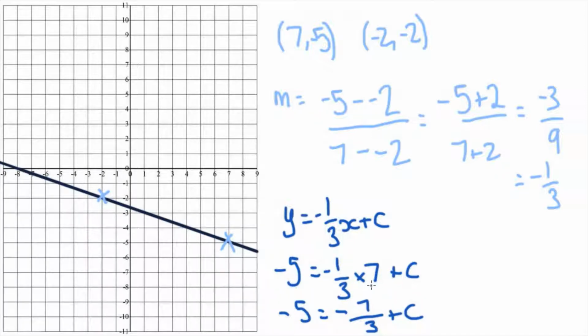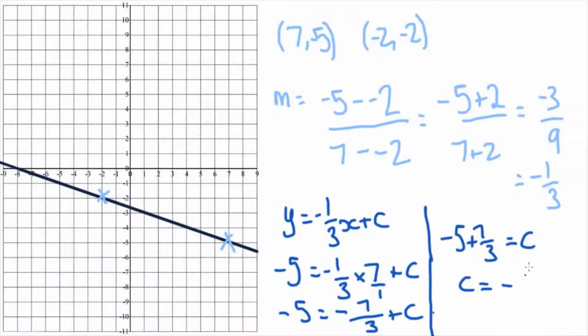I've just done that by doing 7 over 1 times minus 1 over 3 to get minus 7 over 3. Now let's add 7 over 3 to both sides. So we get minus 5 plus 7 over 3 is equal to c. And with a bit of simplifying, we find that c is equal to minus 8 over 3.